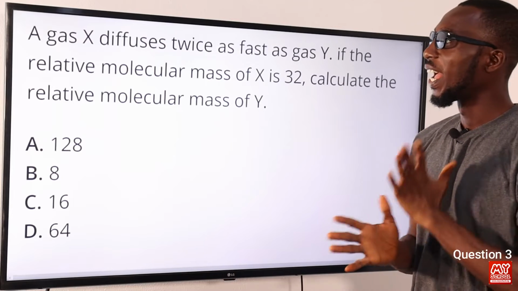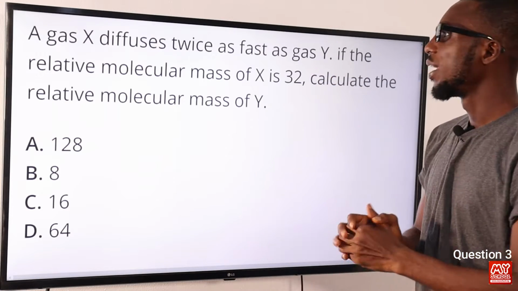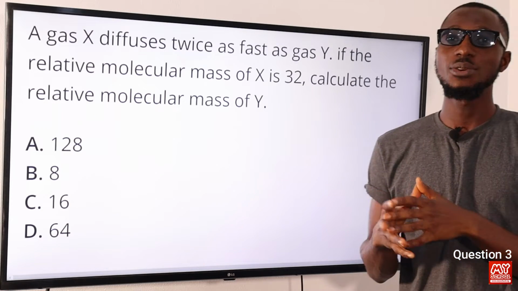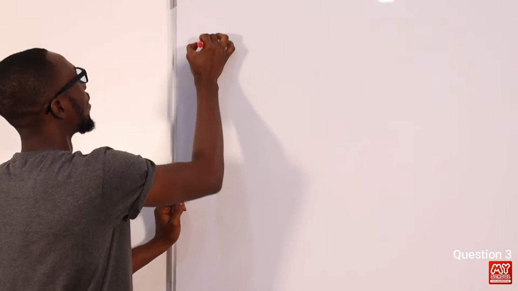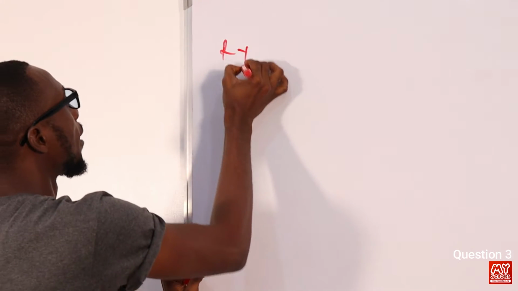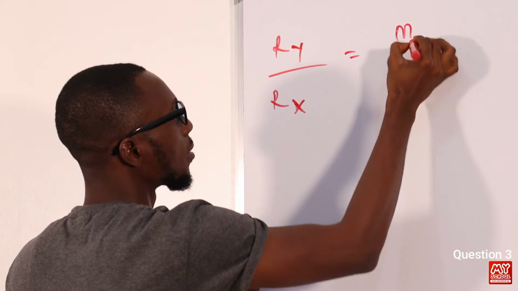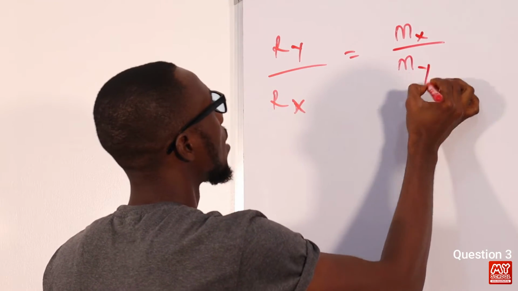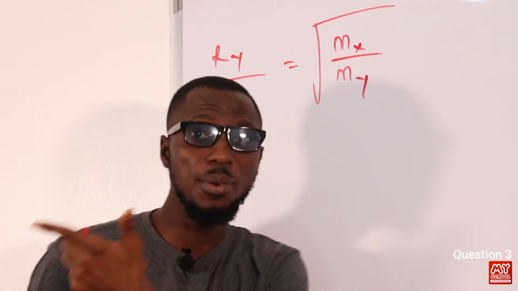Question 3. A gas X diffuses twice as fast as gas Y. So if the relative molecular mass of X is 32, calculate the relative molecular mass of gas Y. So we just have to go into this formula: the rate of diffusion of gas Y over the rate of diffusion of gas X equals the square root of the molecular mass of gas X over the molecular mass of gas Y. Let me read out the question again.